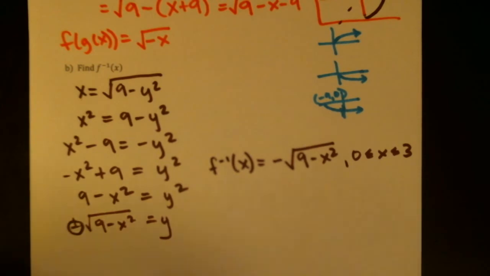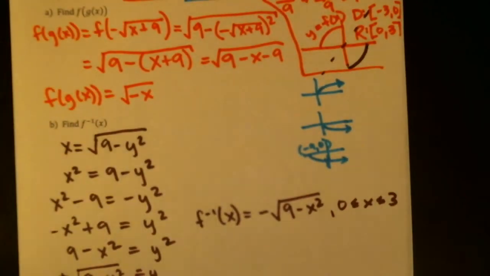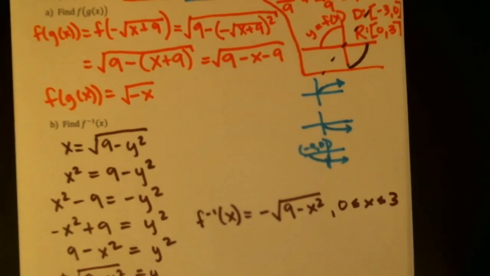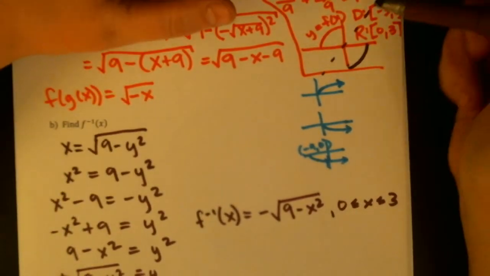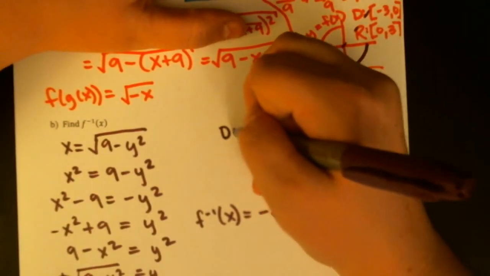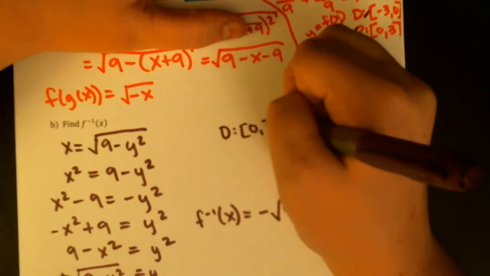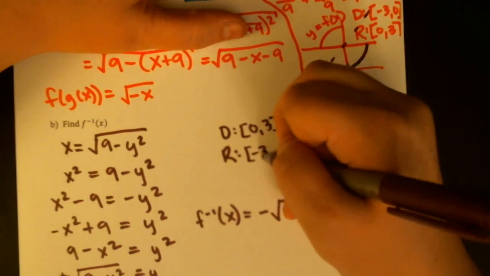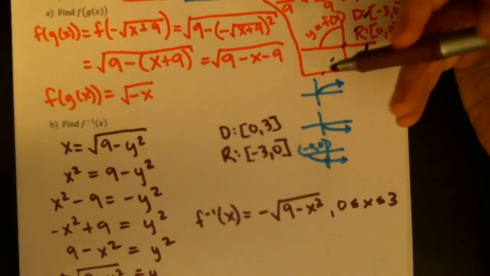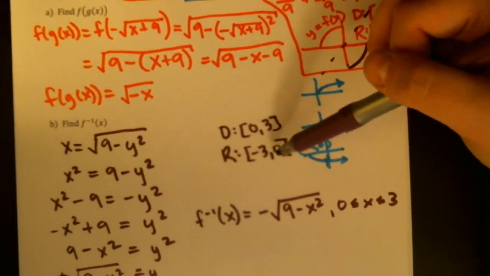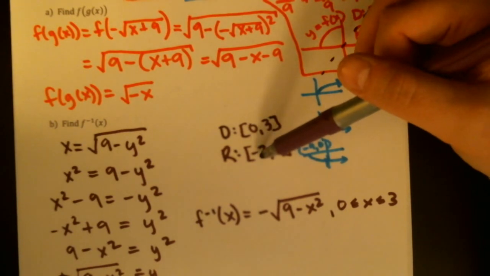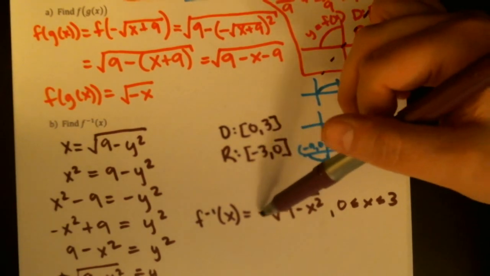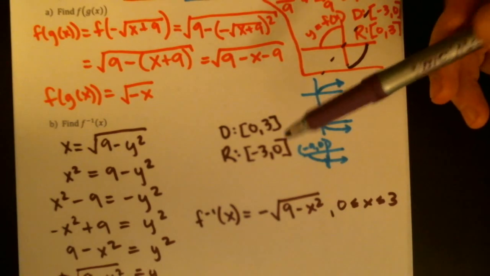Domain -3, 0, range 0 to 3. So that means that for the inverse, the domain should be 0 to 3, and the range should be -3, 0. So the fact that I'm only getting 0 or a negative number for my y's tells me it's the bottom half once again, so that would choose the negative for me.